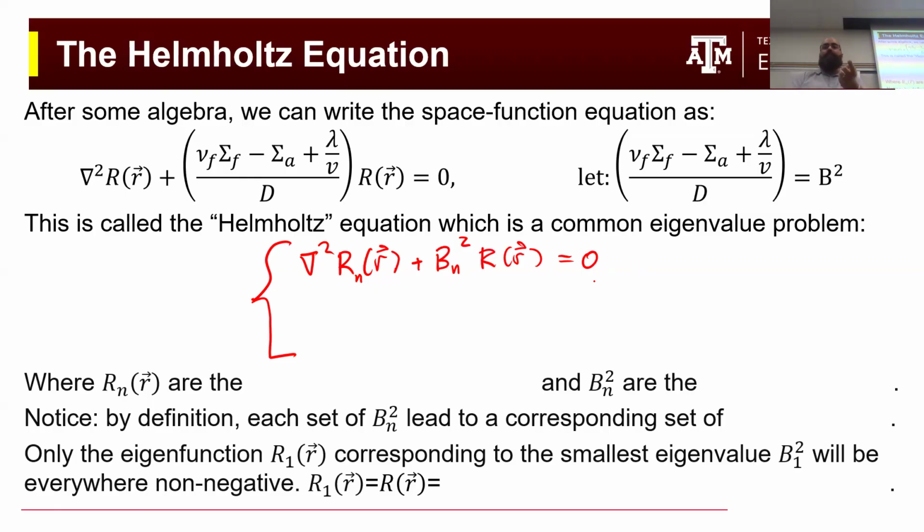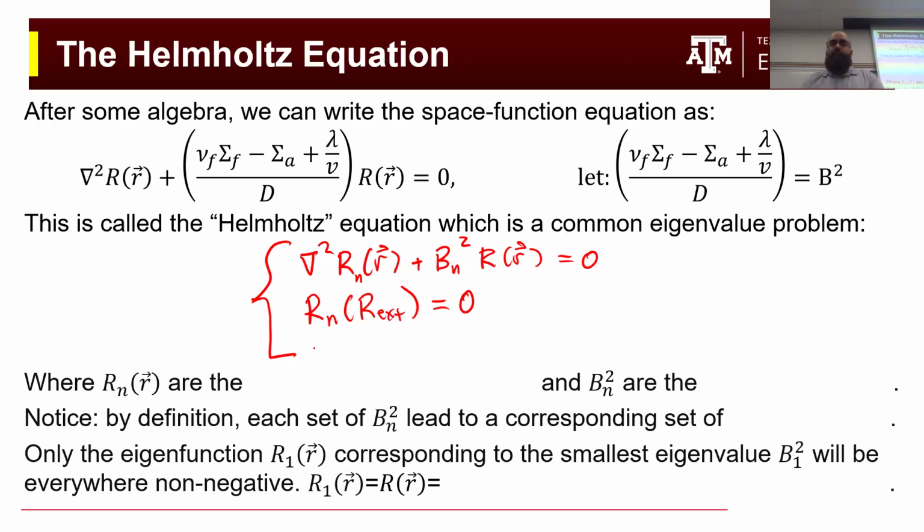And then to solve this differential equation, I need a boundary condition. We're going to keep using the same boundary condition that we had started with last time, which is that at the extrapolated boundary, our flux is 0. It means that we have a vacuum boundary condition. And so that means that this shape function evaluated at R_ext, which is at the extrapolated boundary of my system, is equal to 0.